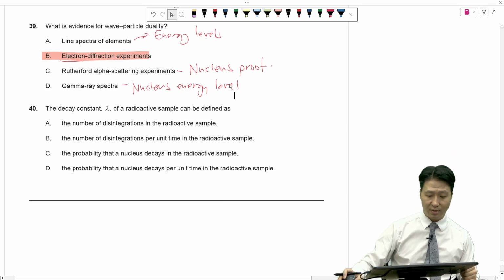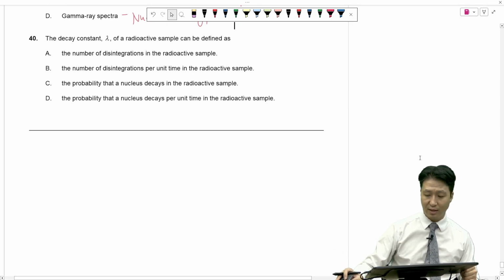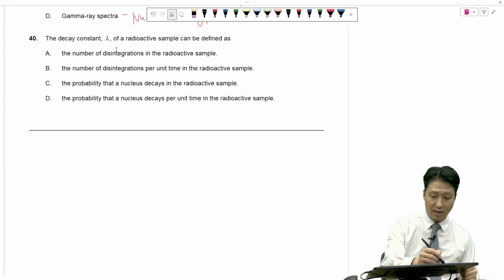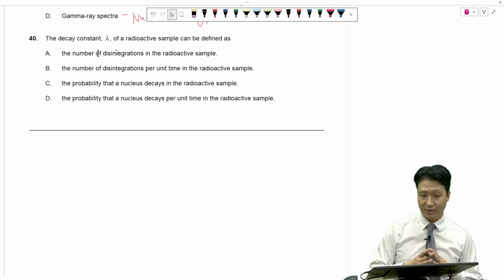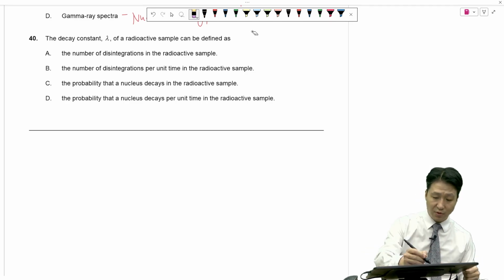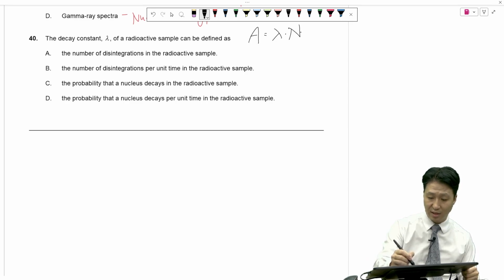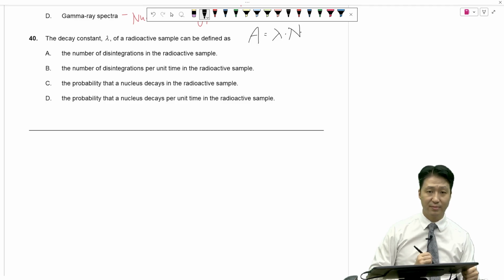Question number 40, which is also the last question, says the decay constant gamma of a radioactive sample can be defined as something. So let's get the decay constant first. The most simple equation you get is the activity being equal to the decay constant times the number of particles.